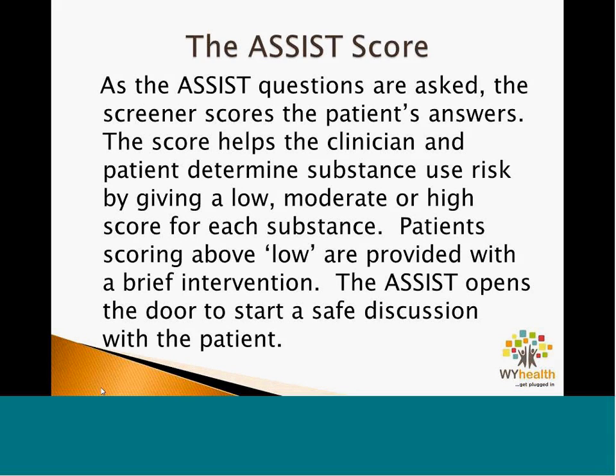Patients who score above low are then provided with a brief intervention to help them see an internal need, an internal desire, maybe to cut back or stop on that substance. This opens the door to start a safe discussion with the patient, especially when motivational interviewing skills are also involved in the conversation.